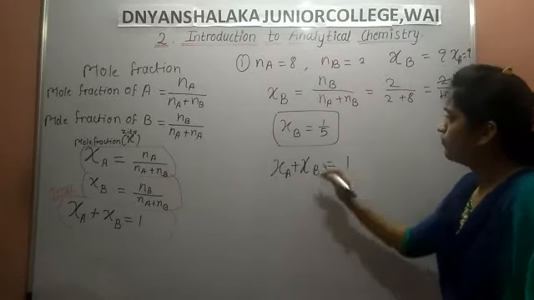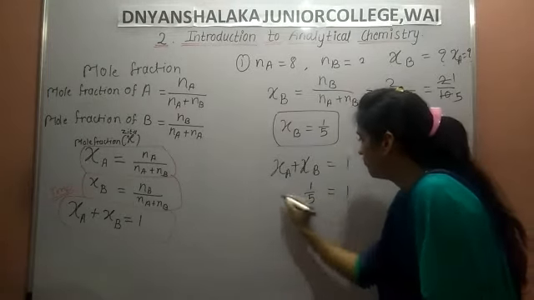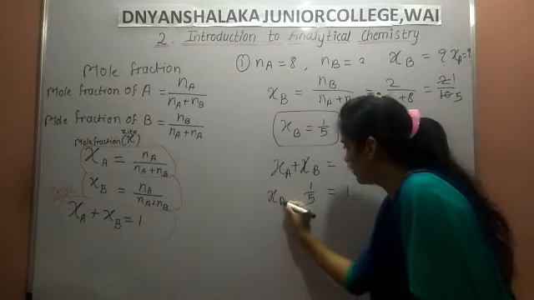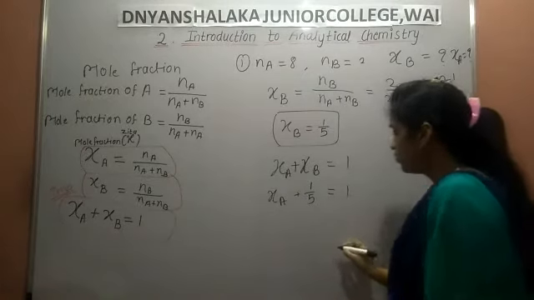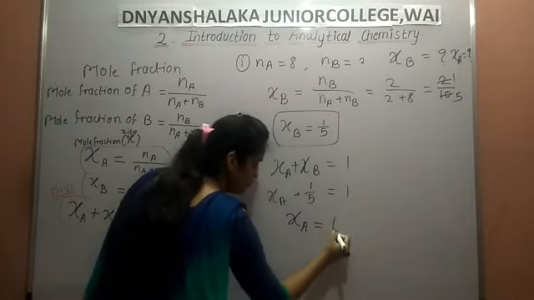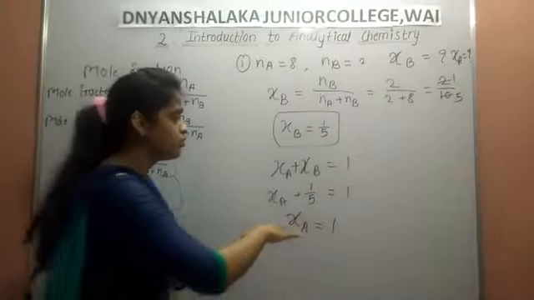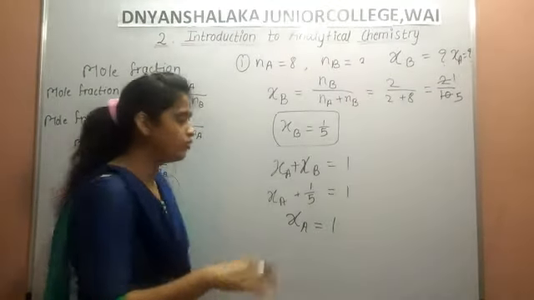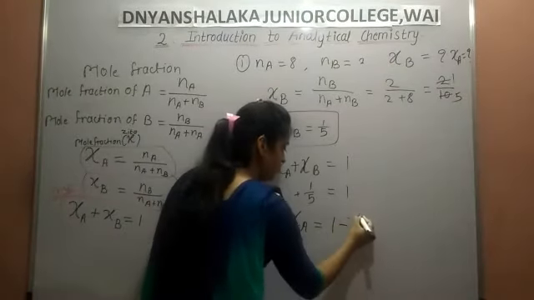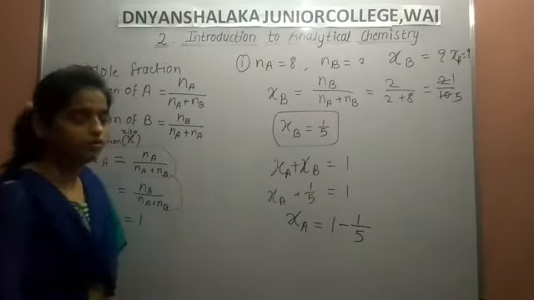Put the value of the mole fraction of B component, 1 upon 5, which is equal to 1. This is the mole fraction of A component. So XA, the mole fraction of A component, is equal to 1 minus 1 upon 5; shifting to the right hand side, the positive sign changes into a negative sign. Means 1 minus 1 upon 5.